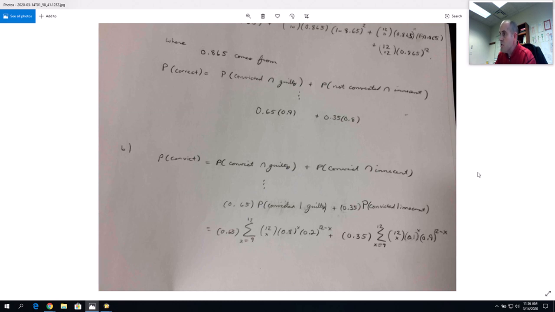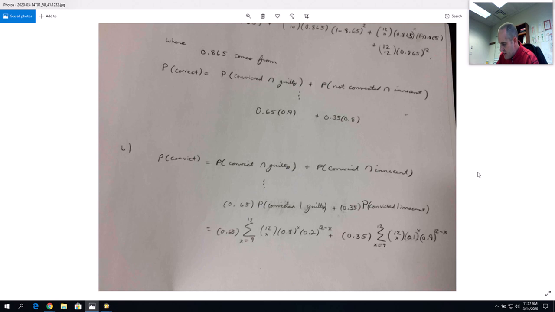That's equal to the probability that they are guilty times the probability that you vote to convict given that they are guilty. Okay, and that's information that was given to you. The probability that they are guilty, what's that?